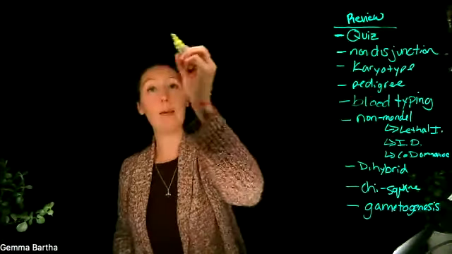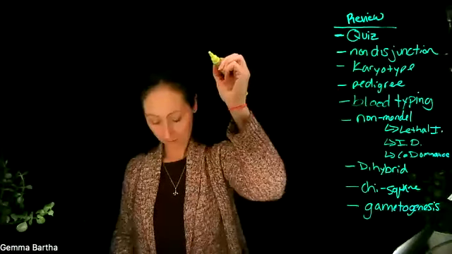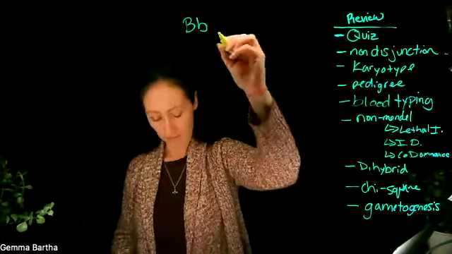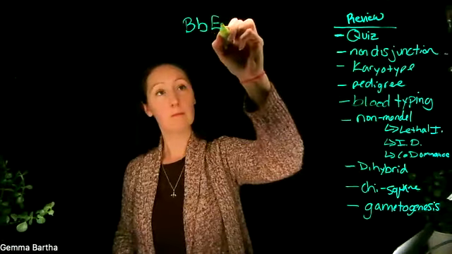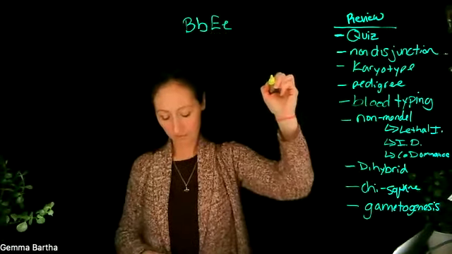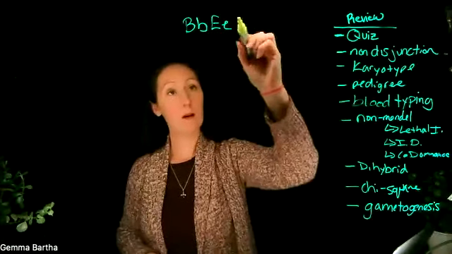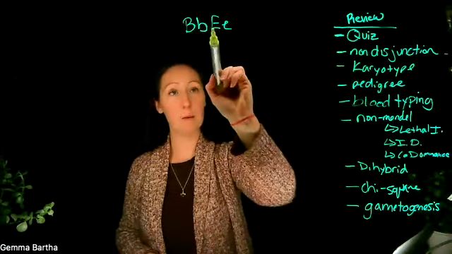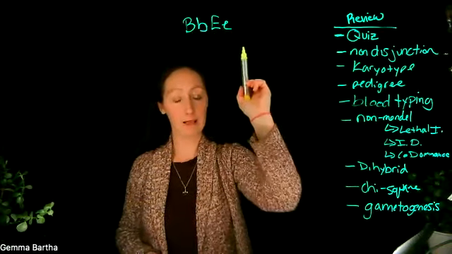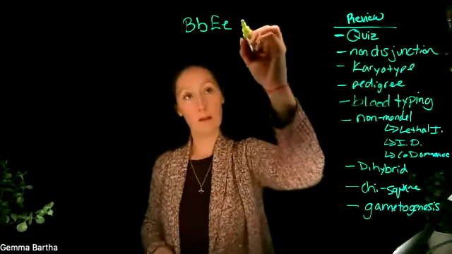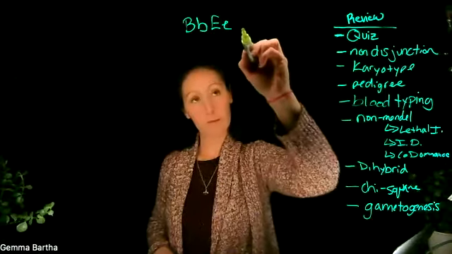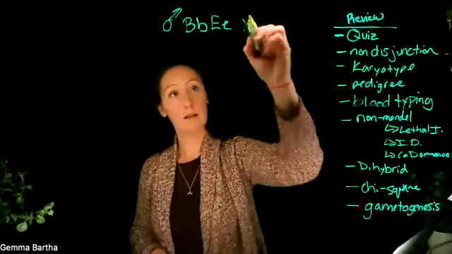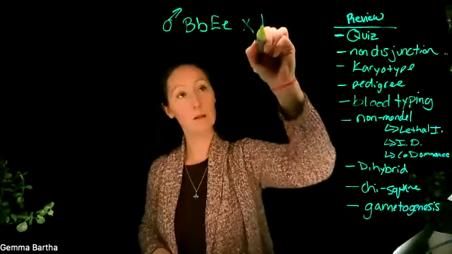And so we had a dad here. And the mom, and my dog actually is big B, big B, big E, little e. So this is dad, and this is mom.